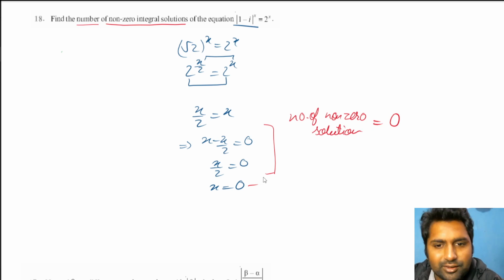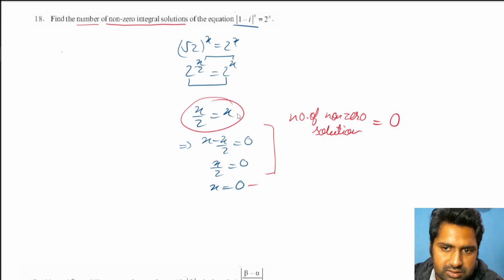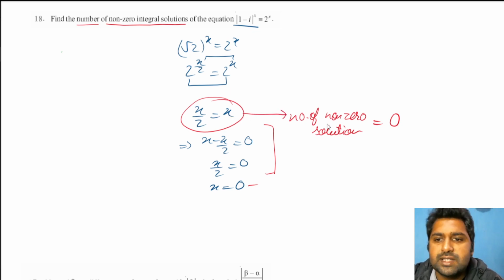The value of x is also 0, but that's a zero solution. He's saying non-zero integral solution means 1, 2, 3, any value of this. There is no such value which will satisfy this. Any number 1, 2, 3, 4, 5 will not satisfy this condition. So there is no such solution present. That means the number of non-zero solutions is 0.